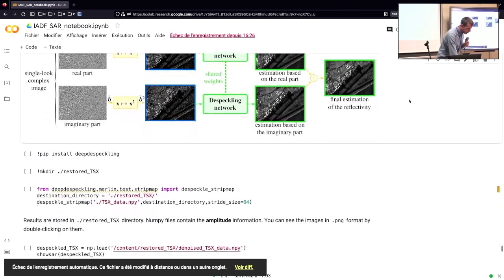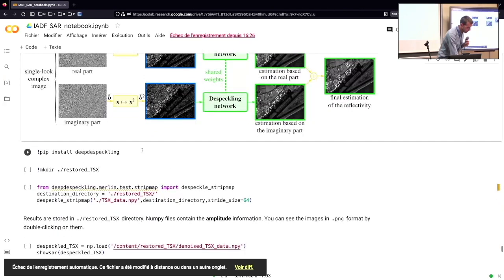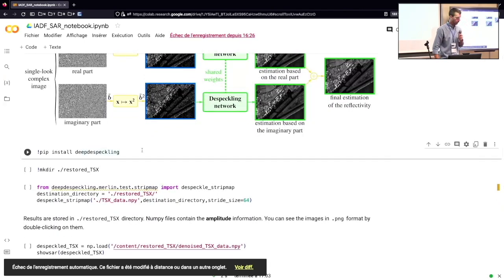We have released the Python package, and we are going to add also other approaches that we have developed and that are going to be developed. So we're going to install it and then apply it on our image.